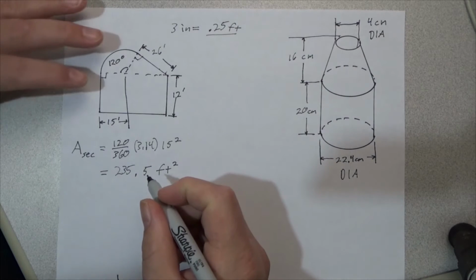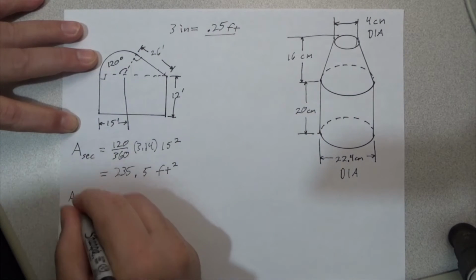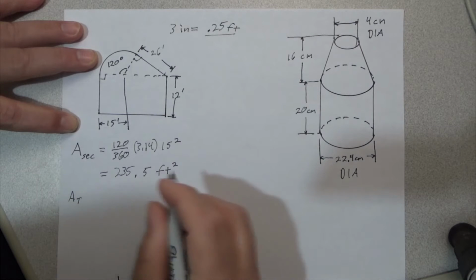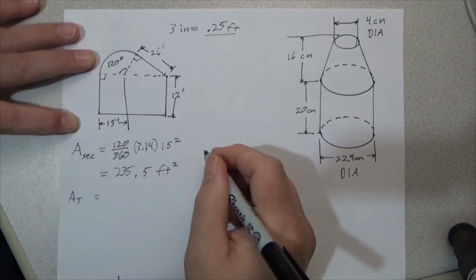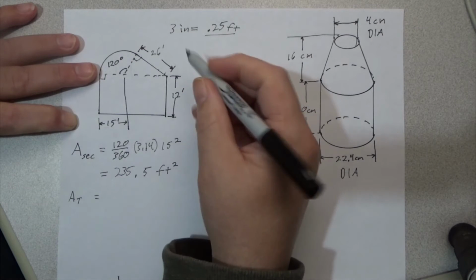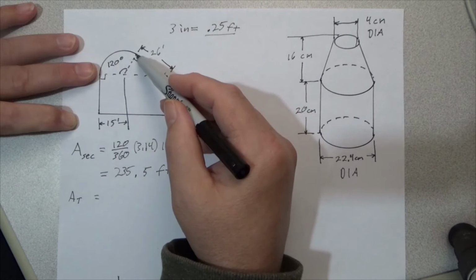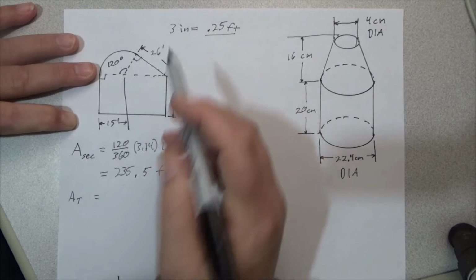Now let's find the area of the triangle. That is base times height divided by 2. The base is 26, and the height is the radius right here, which we know to be 15.